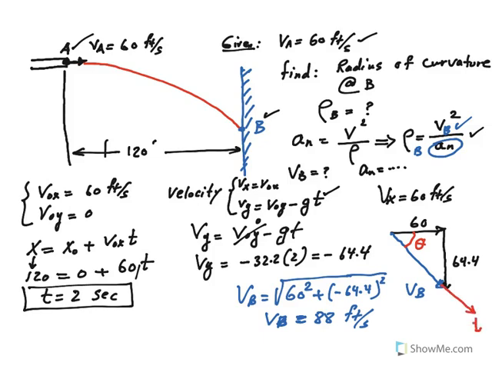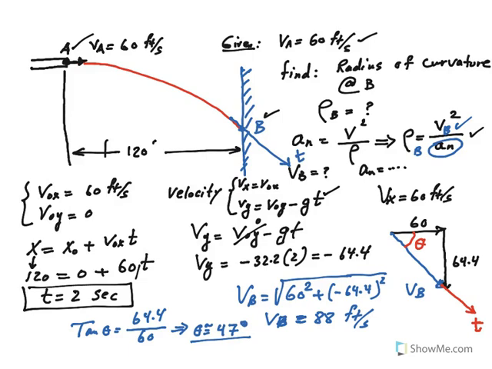Velocity has to be tangent to the path, so this is the tangential axis, always tangent to the path. If I find that angle, it's easy: tangent of that angle is opposite over adjacent. If you do the calculation, theta comes out to be a little bit more than 47 degrees.